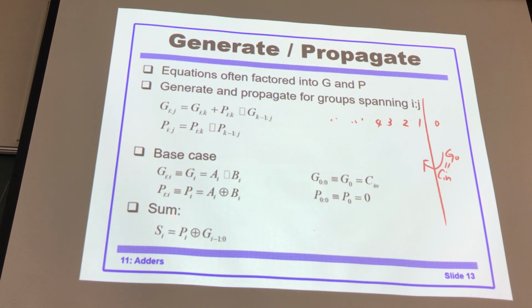Now, sum Si equals Pi XOR G(i-1 to 0). Is that true? What do you think?